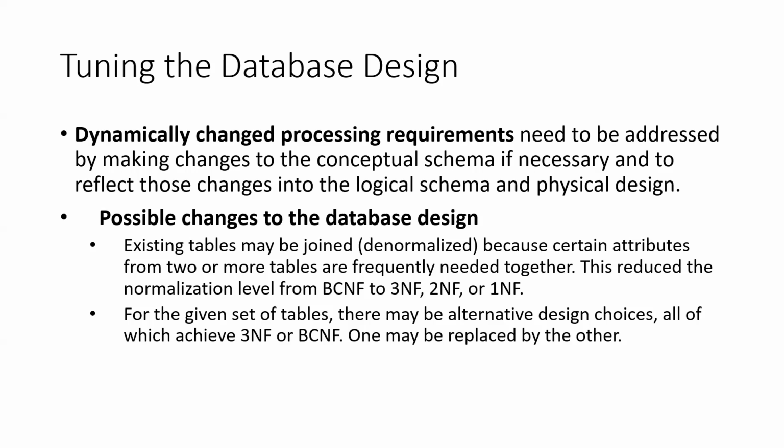If you see that some attributes are frequently used together, then one way to improve is to denormalize them. But remember, this will reduce your normalization level. Usually we go from first normal form to second normal form to third normal form to Boyce-Codd normal form.